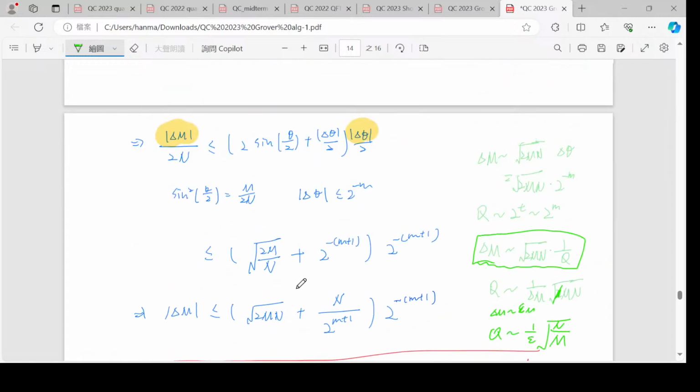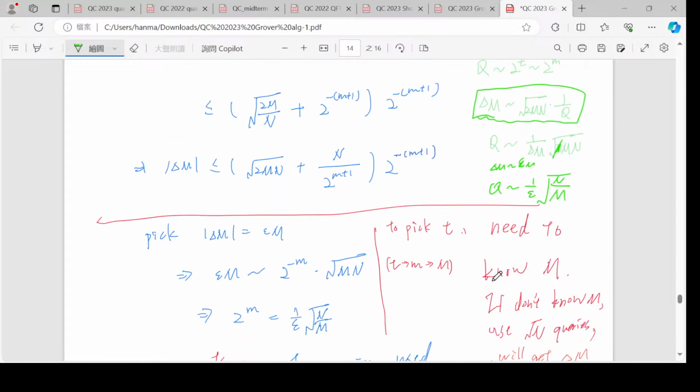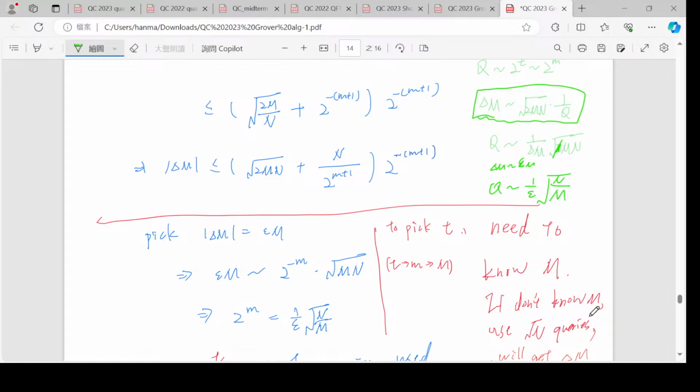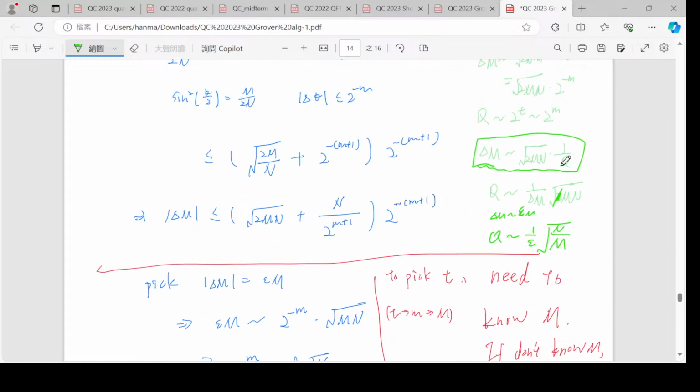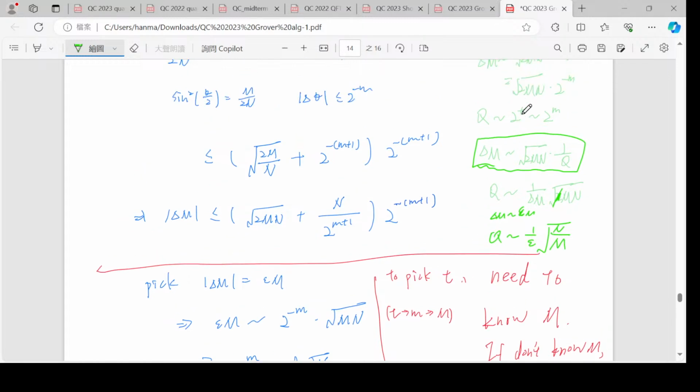But we can still do something, so this is what the book does. If we don't know m, then we can just pick a t that's good for us. They pick t to be about square root n queries.